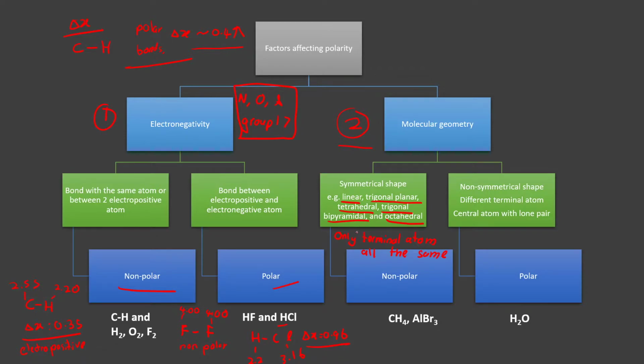We have 5. Kalaulah kita tengok, even though it is polar, contohnya P dengan F, okay, P dengan F is a polar bond.